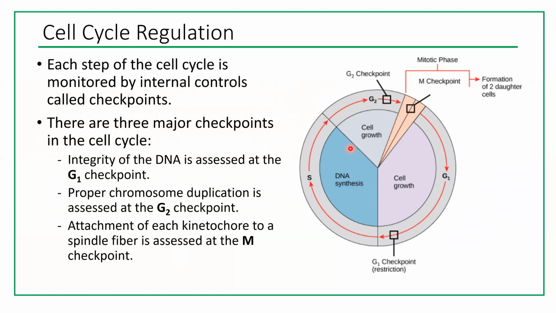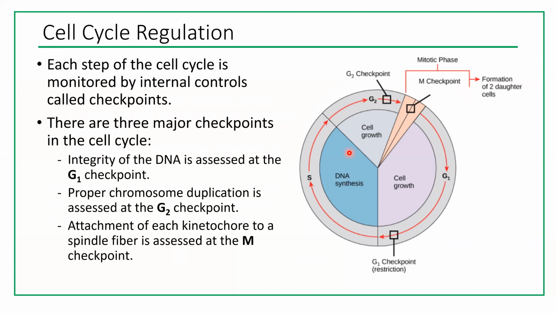So after DNA is replicated, at the G2 checkpoint, what is assessed? This replication is assessed. Was DNA synthesis done properly? Is DNA replicated correctly? Because if the cell made a mistake, then this checkpoint will prevent the cell from dividing.